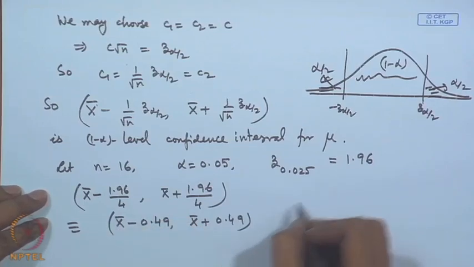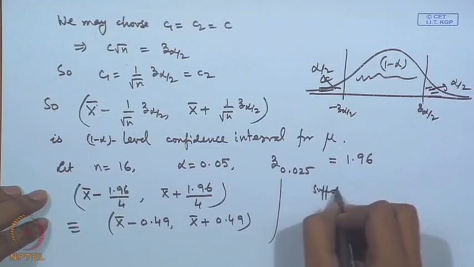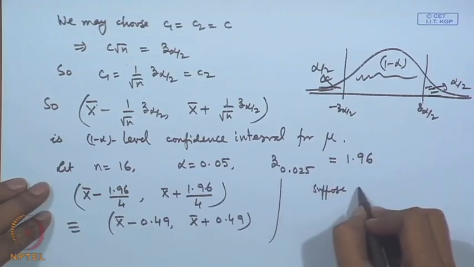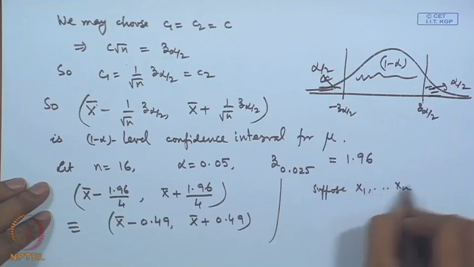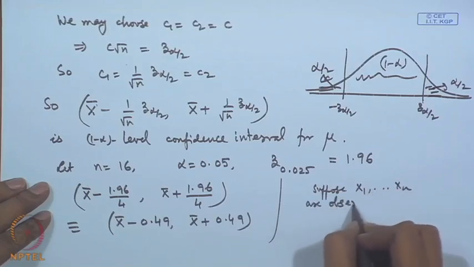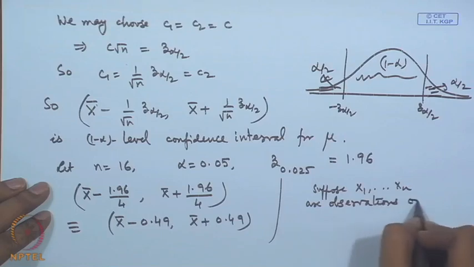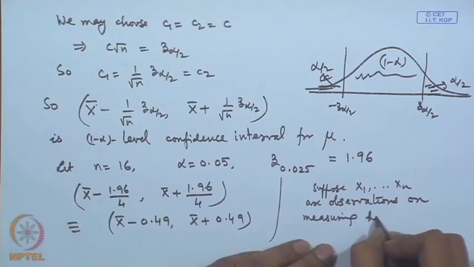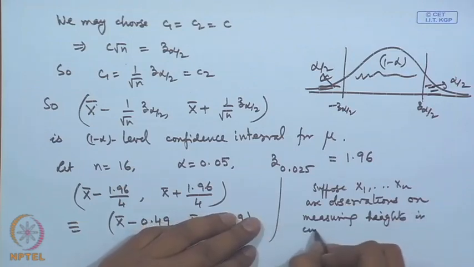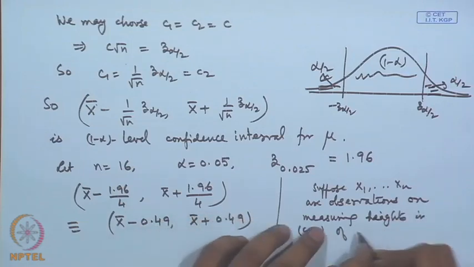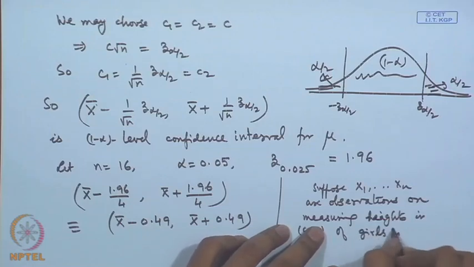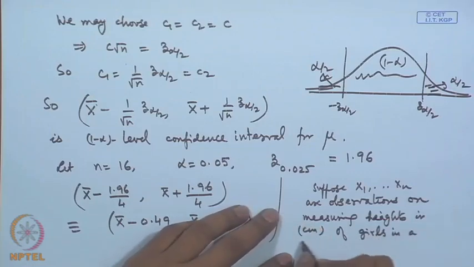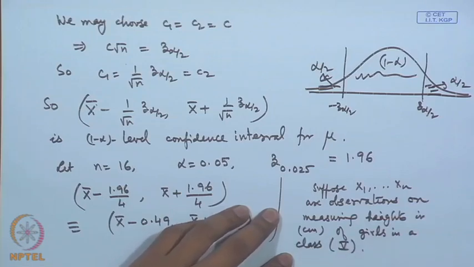So, in a practical problem, suppose we are considering x 1, x 2, x n are observations on measuring say heights in say centimeters of girls in a class, suppose class 5.